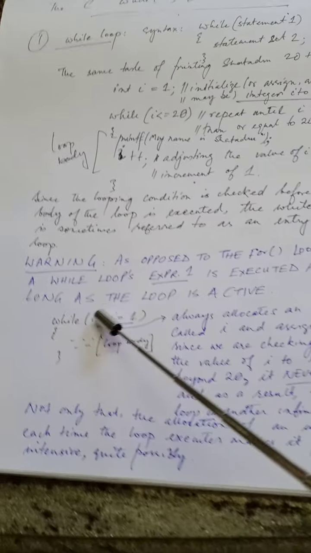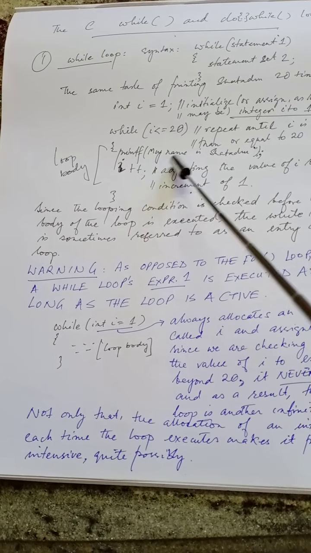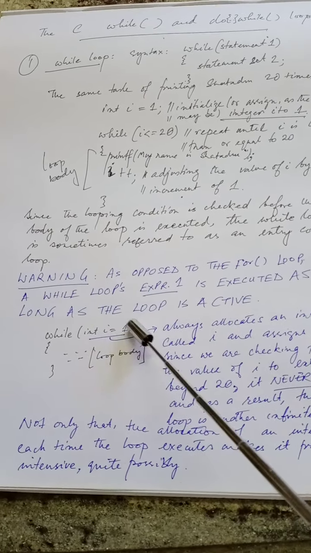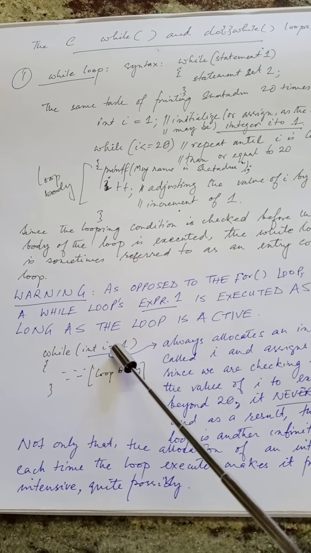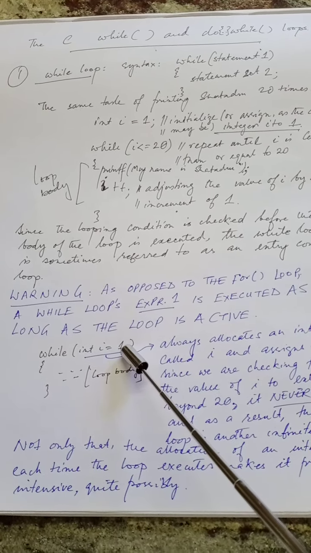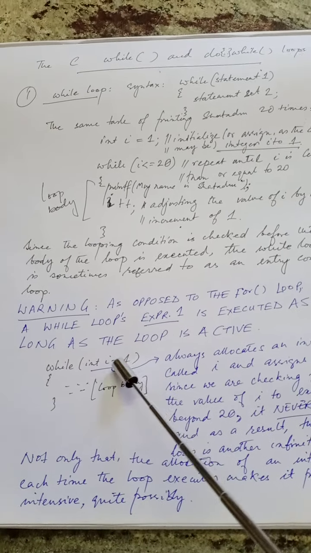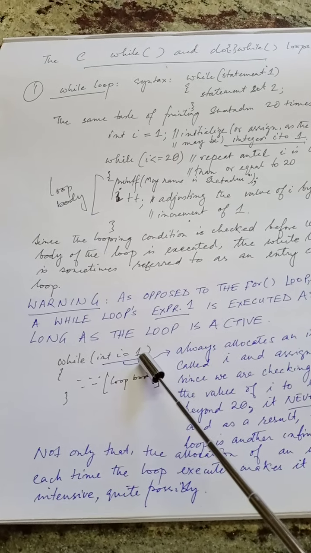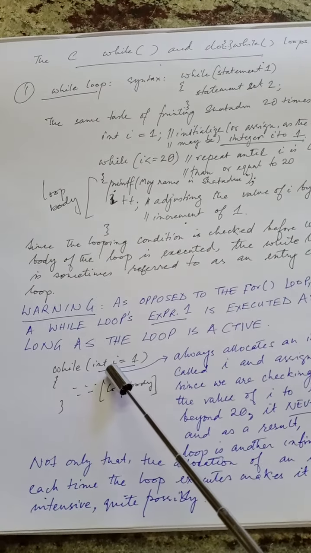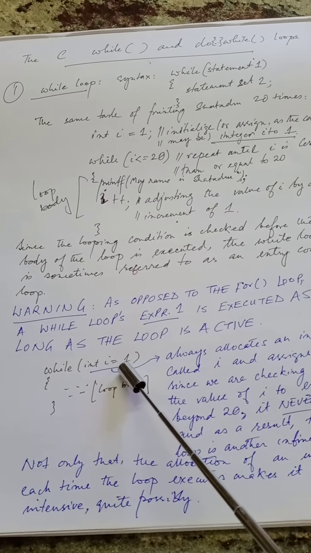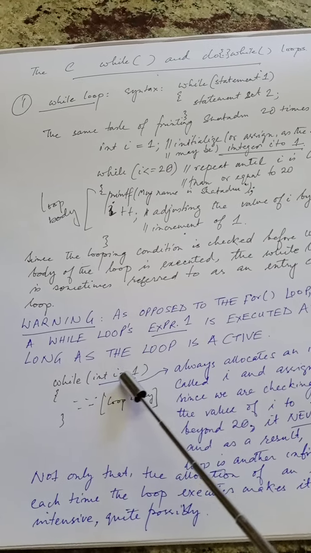So that means that if you make while int I equals 1, then you do as usual printf my name is Shatadru, then I++. This will go on forever. Why? Because each time it comes back to statement 1, it makes I as 1. It assigns the value of 1 to I. It declares a variable I and assigns 1 to it each time it is executed.